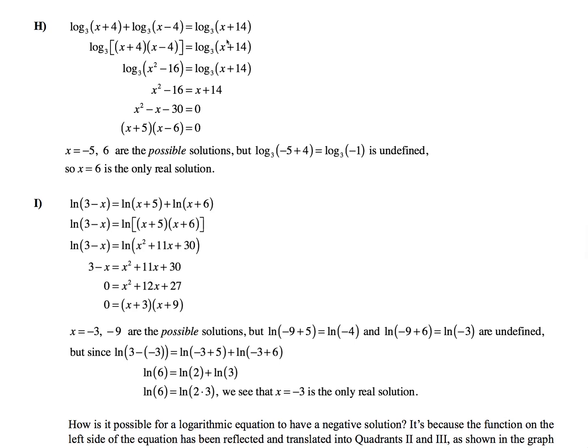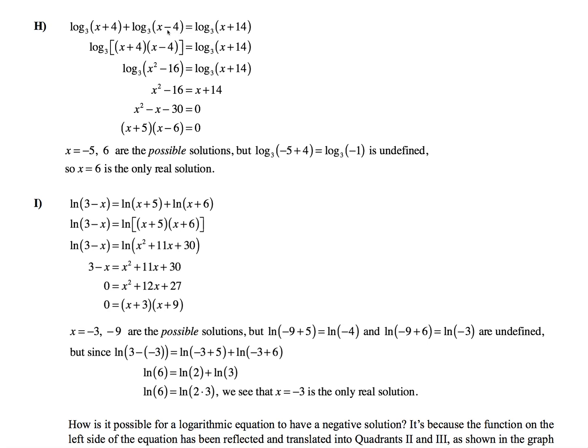Alright, now here's another logarithmic equation. We have two logarithms on the left side, and combining those using the product property, because this is an addition, we have x plus 4 times x minus 4.